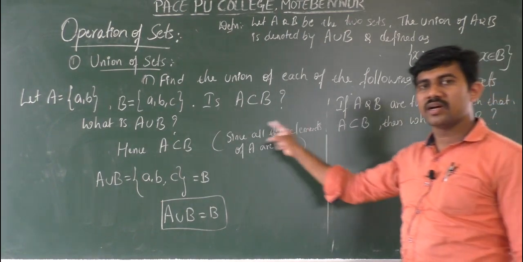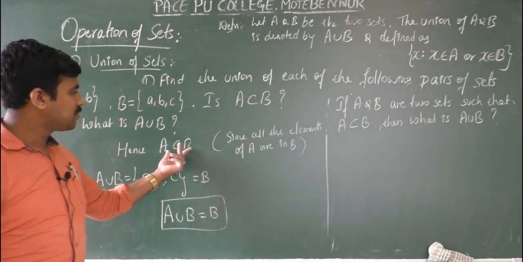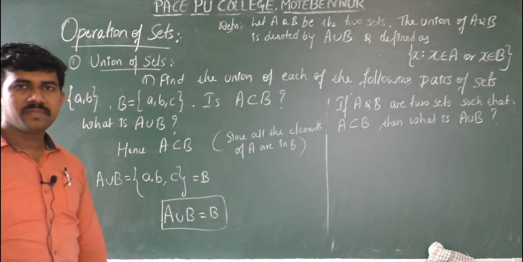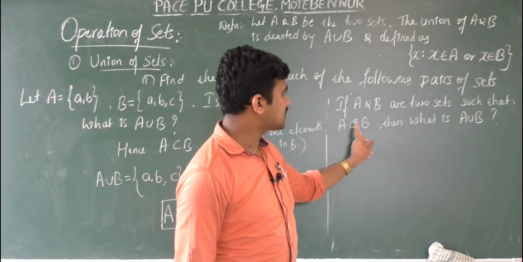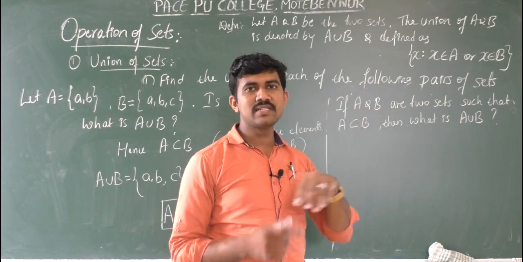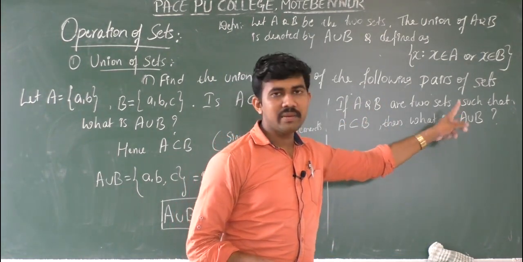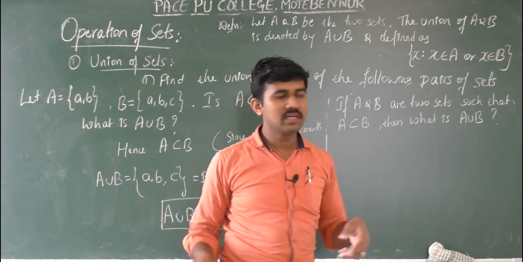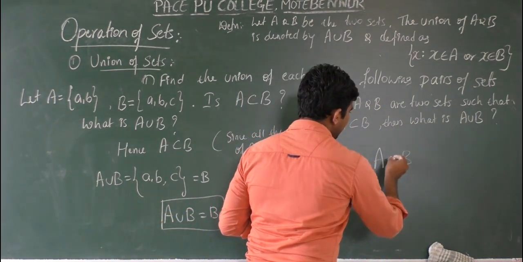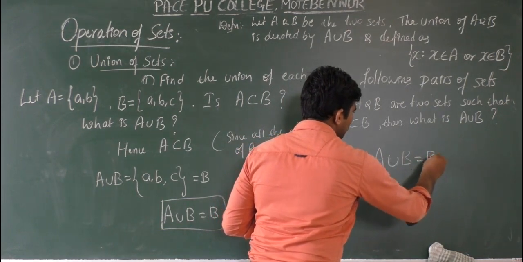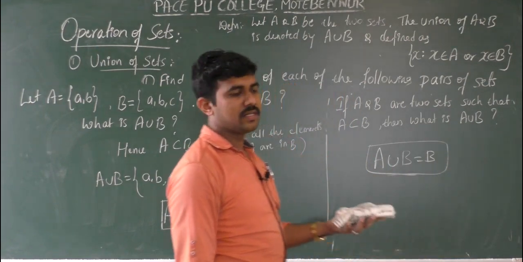Just now we saw our previous question. We can observe here we got A is a subset of B, so A union B is B. So the same question they ask here. They have given A is a subset of B. A and B are two sets such that A is a subset of B. Then what is A union B? From the previous question clearly we can say A union B is equal to B. A union B is equal to B is the answer.